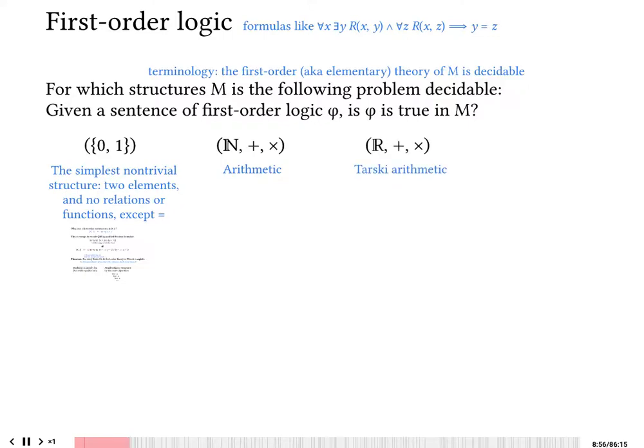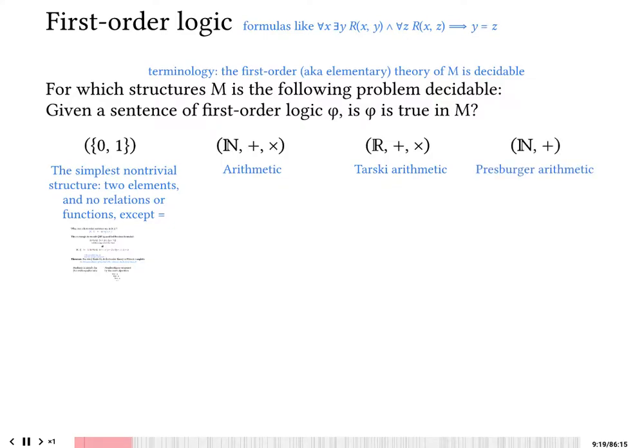And maybe one of the oldest ones is Tarski arithmetic. So this is the real numbers with addition and multiplication. And as it turns out, although superficially it might seem to be more complicated because there are more real numbers than natural numbers, the first order theory of this structure is decidable because they are better behaved than natural numbers.